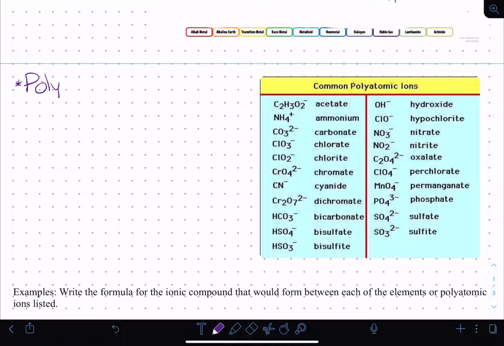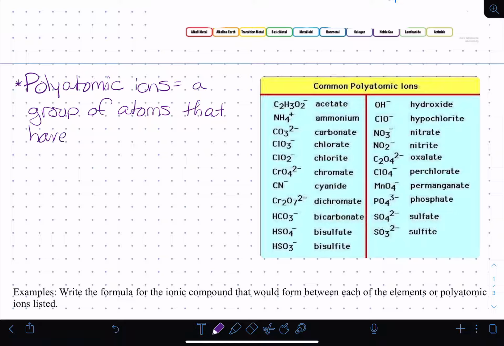So they're a group of atoms that together have a charge.